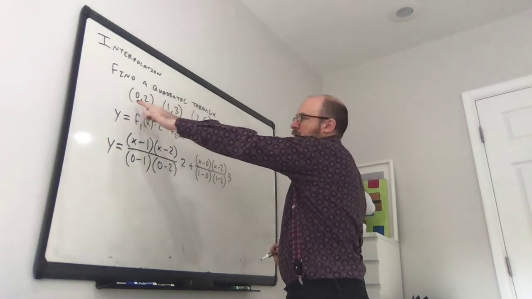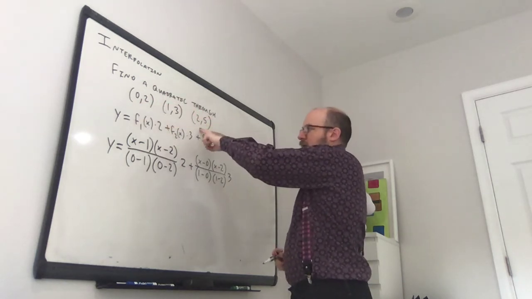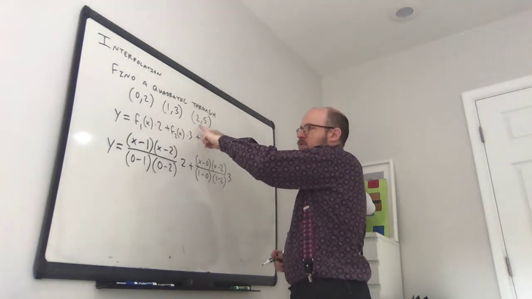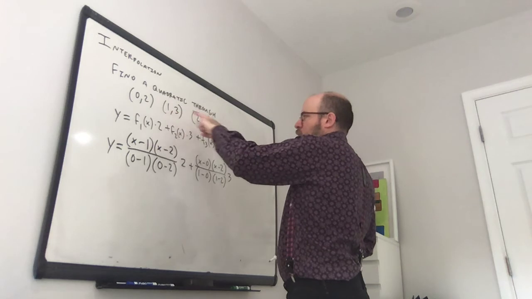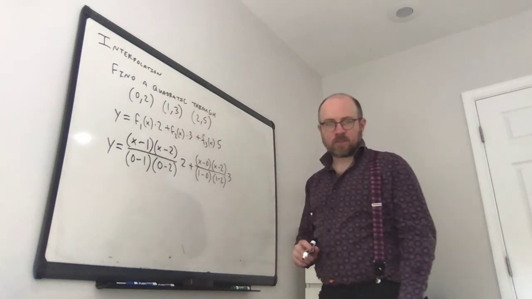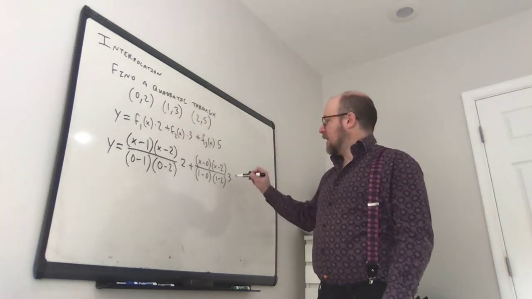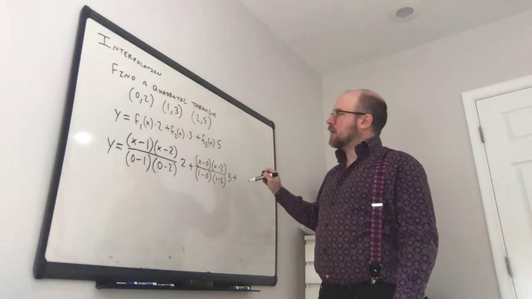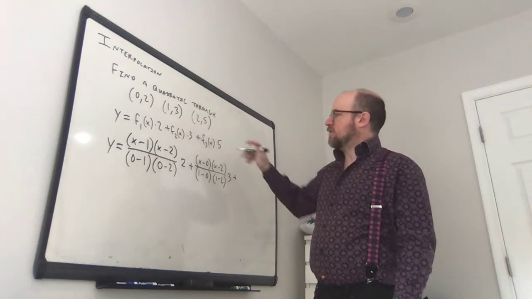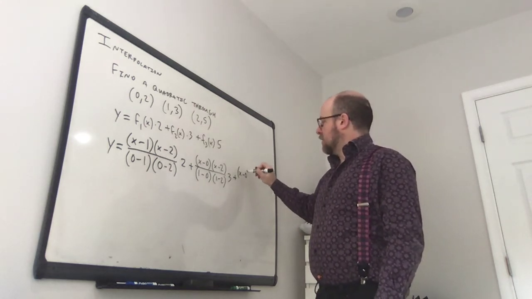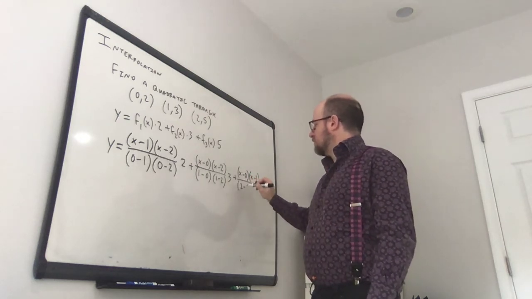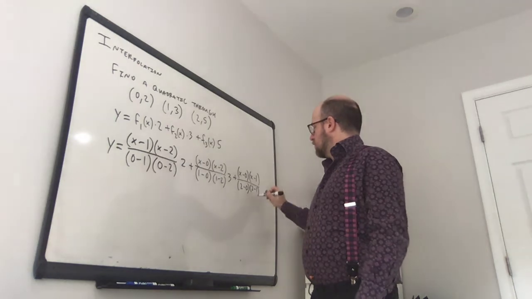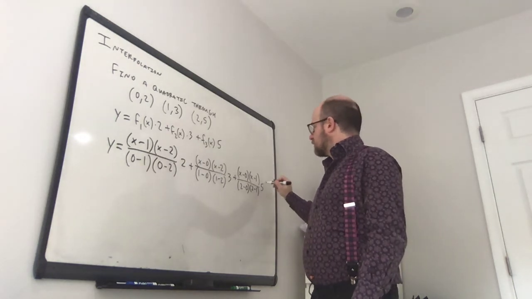We do x minus x0, x minus x2, over x1 minus x0, x1 minus x2. Okay? And then the last one, we're going to skip over this one. So x minus 0, x minus 1 over 2 minus 0, 2 minus 1, times 5.